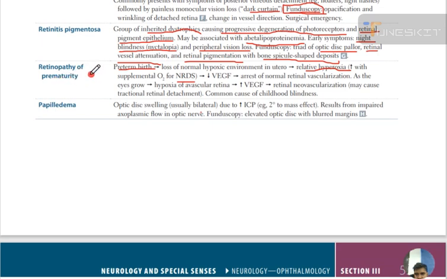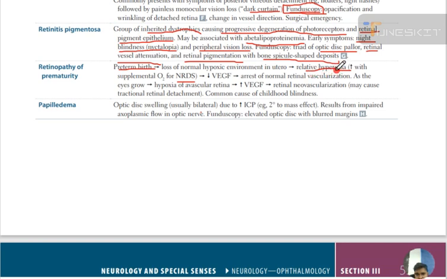Retinopathy of prematurity: there is preterm birth, loss of the normal hypoxic environment in utero, and relative hyperoxia, increased with supplemental oxygen for NRDS. As you can see, in utero there is a hypoxic environment, and when the baby is delivered preterm, it is exposed to relative hyperoxia.